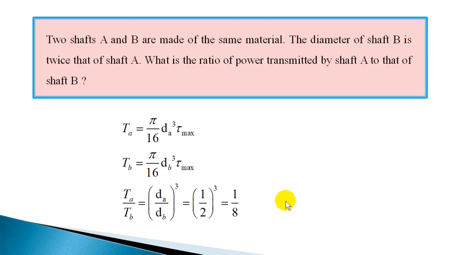So power transmitted is directly proportional to the cube of the diameter, or cube of the radius. Directly you can take the ratio: the diameter of shaft B is twice that of A, so dB by dA is 2. You can immediately get the ratio of power transmitted for shaft A to that of B as 1 by 8.